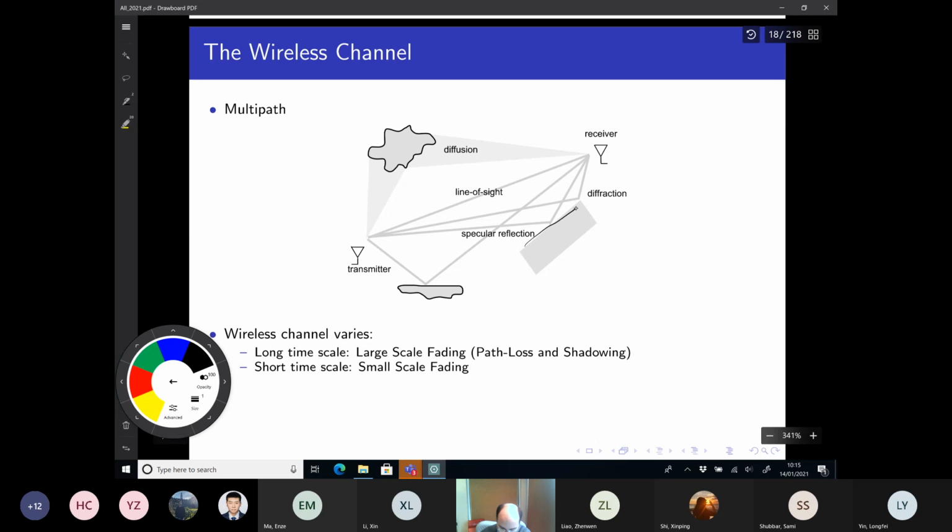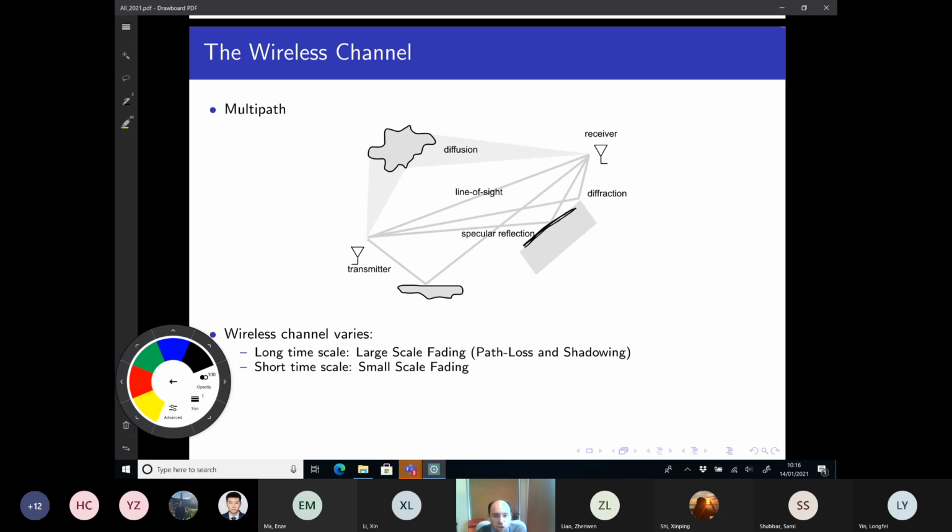If the imperfections of the wall are much smaller than the wavelength of the transmitted signal, then the radio waves will not interact with the wall in a diffusive manner, but will just be reflected as if it were a perfect mirror. So this is what happens in reality.